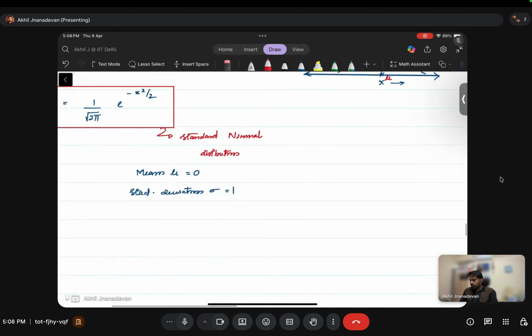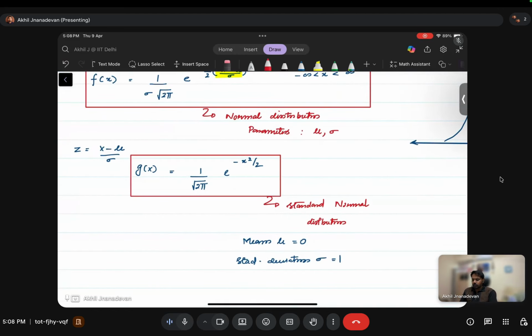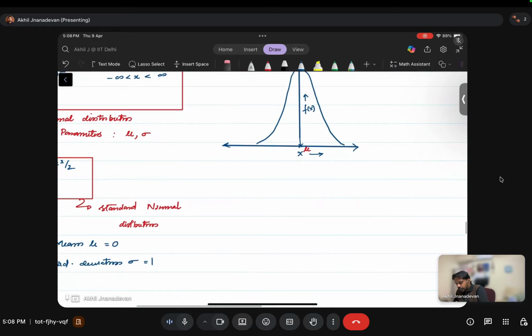Instead, if you convert it to a standard normal variate, then the advantage is that it will be symmetric about 0. So this is our standard normal variate, it is symmetric about 0, and here also it will be a bell-shaped curve.